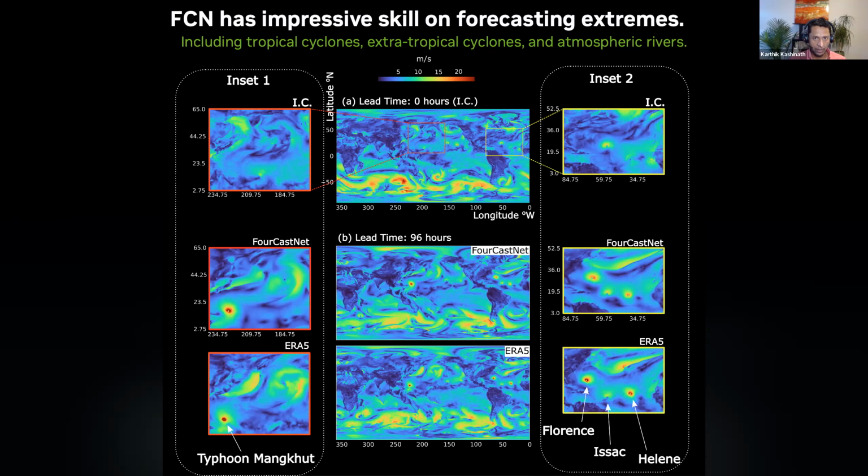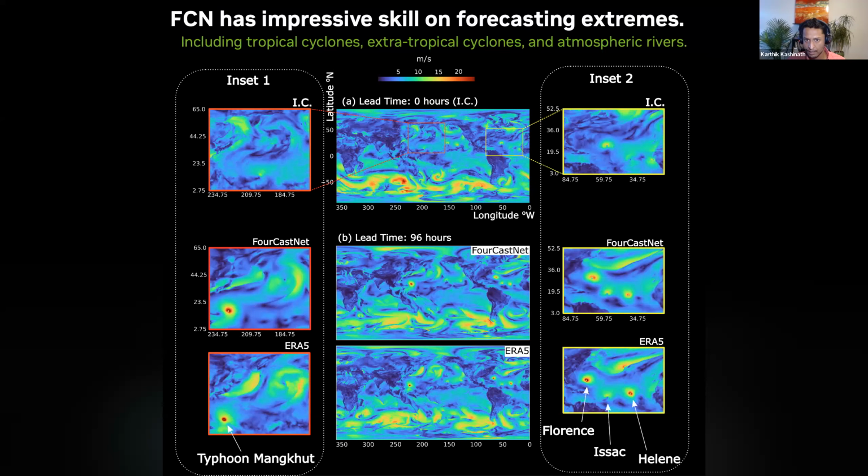On the left, we look at an inset in the West Pacific, particularly looking at some tropical depressions that form into tropical cyclones 4 days later. On the bottom, we see this super typhoon Mangkhut, which was a pretty impactful event that's captured quite nicely by ForecastNet, including the intensity as well as the trajectories of the tropical cyclone.